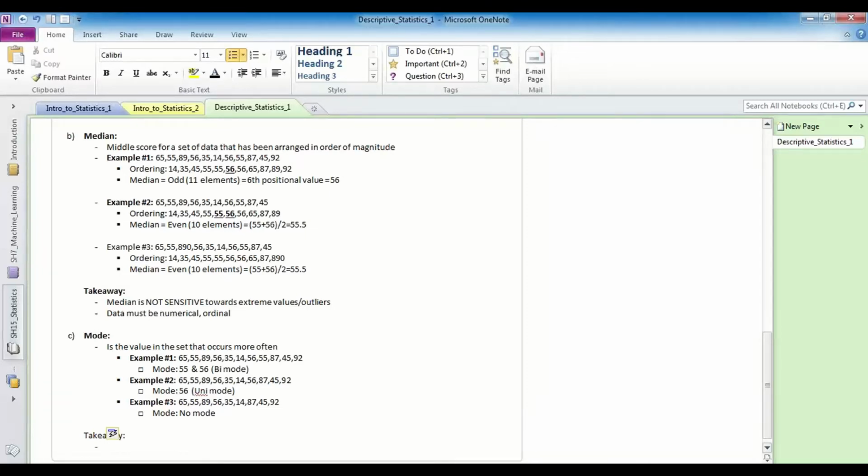Relative to the mean, it is not at all sensitive, because the mean uses every value present in the set, so the moment you have an outlier, your mean will get impacted hugely.